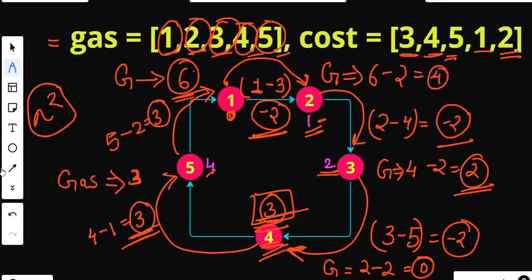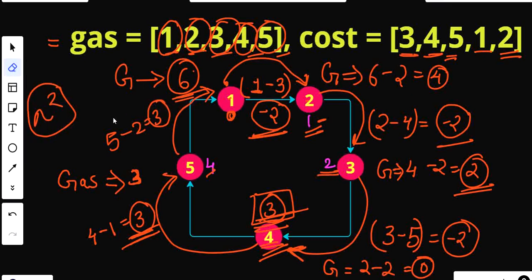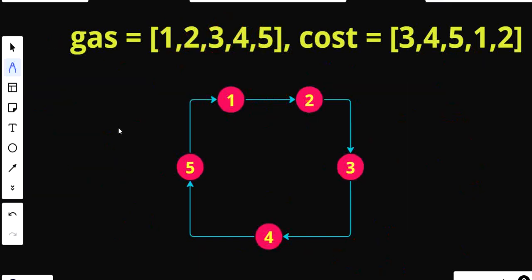How? Let me show you some of the patterns that will help us come up with a big O of n solution. So I have just cleaned this whole board, and let me show you what we calculated in terms of demand or net change that we were experiencing with every traversal.